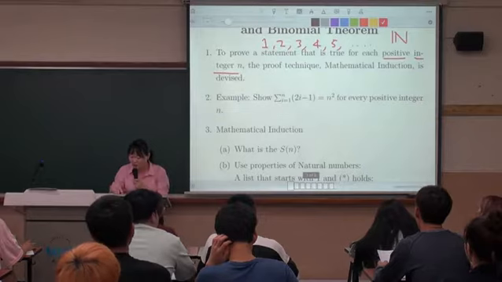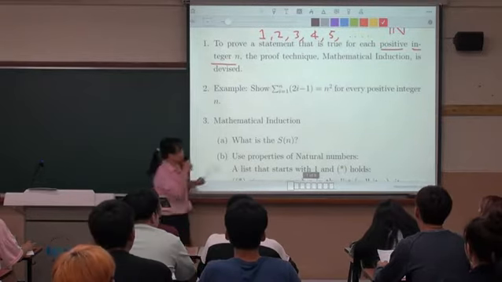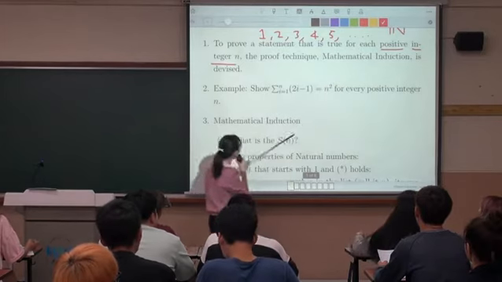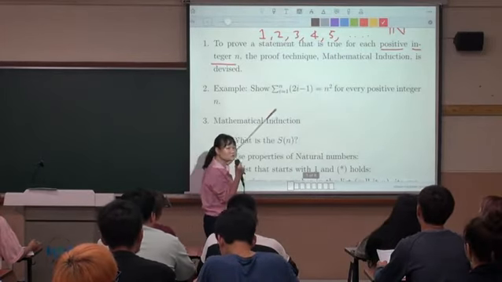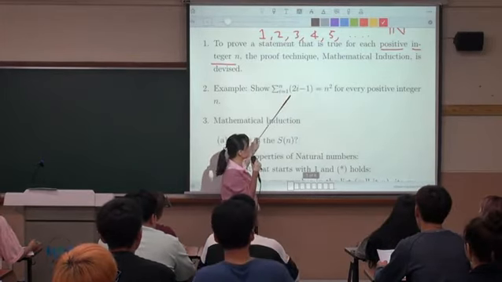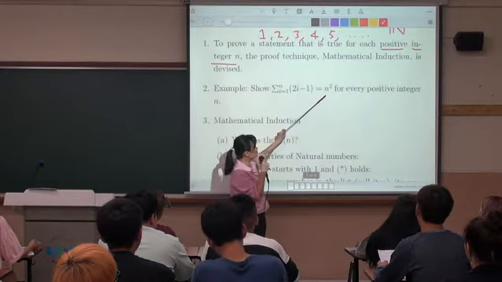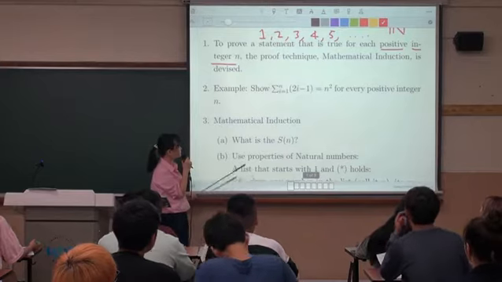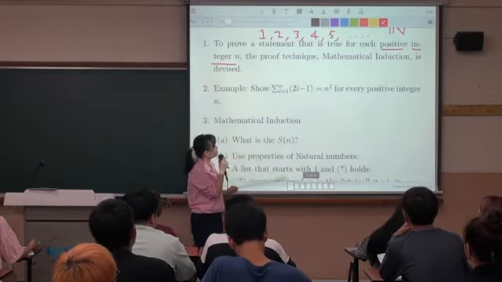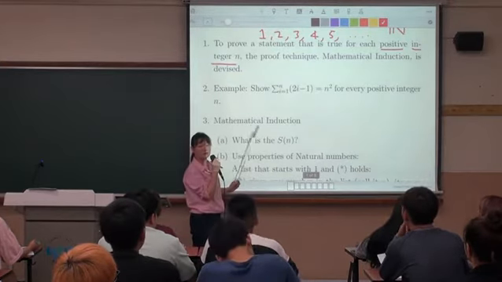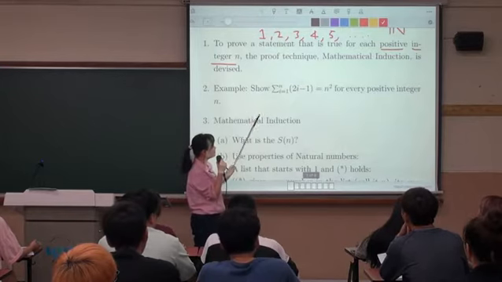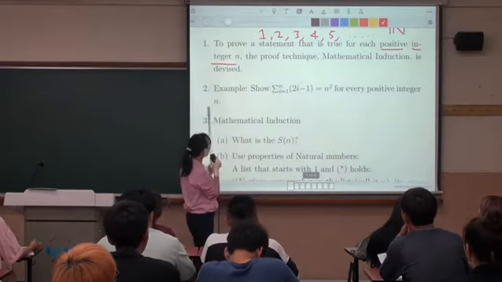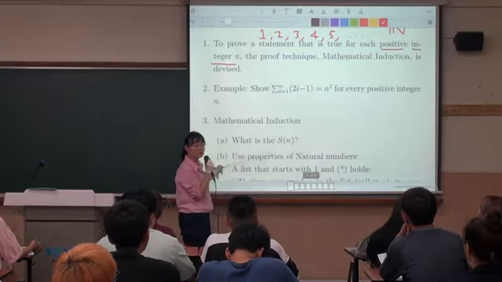So, for example here, let's look at this statement. Let's read. Show summation i equal to 1 to n, 2i minus 1 is n squared for every positive integer n. So what's my variable here? i. So for every positive integer n, I'm going to fix n.